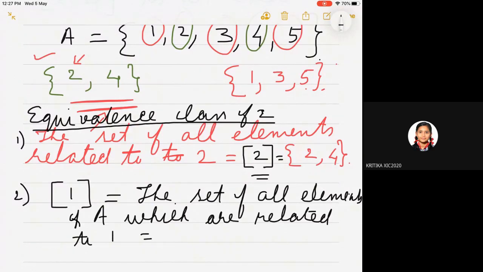What is related to 1? 1 is related to 1, 3 is also related, 5 is also related. So the equivalence class of 1 is set 1, 3, 5, and equivalence class of 2 is set 2, 4.